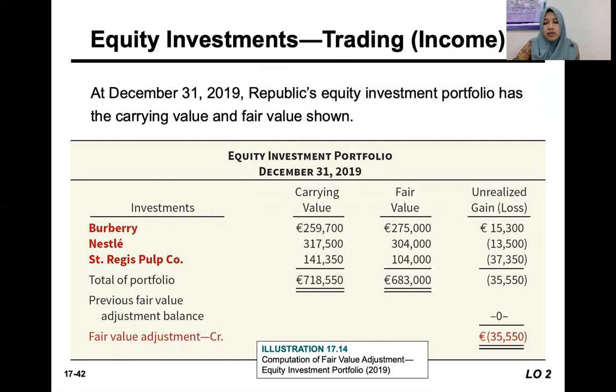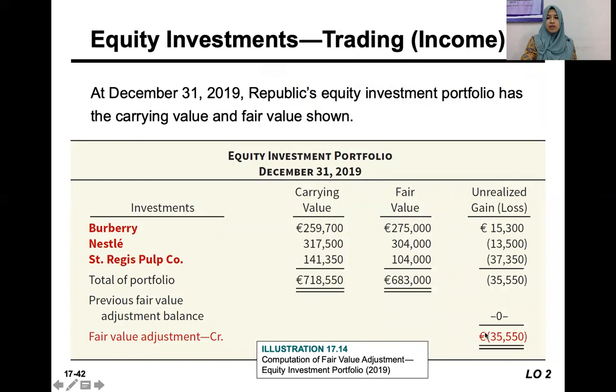Okay, so we said that for held for trading equity investment we use the fair value method. At the end of the accounting period, we identify the fair value of each equity investment, or the class of shares that we purchased, and we identify the unrealized gain or loss, and we get the net fair value adjustment.